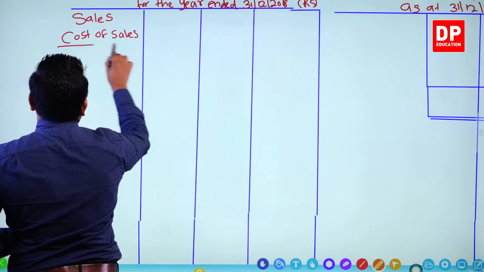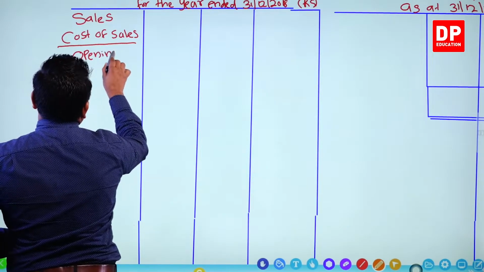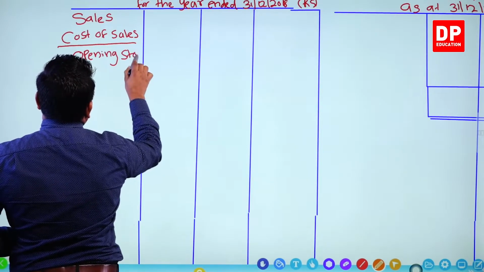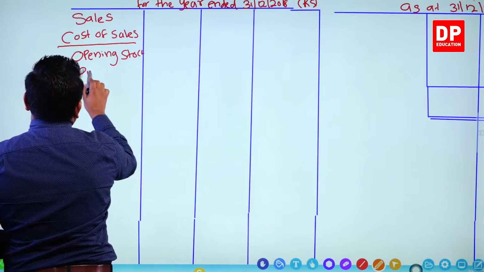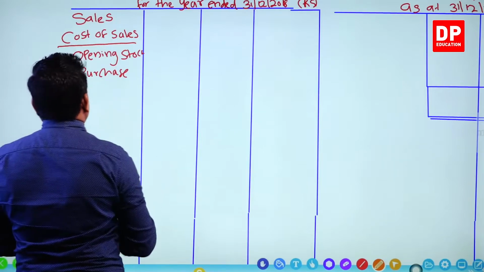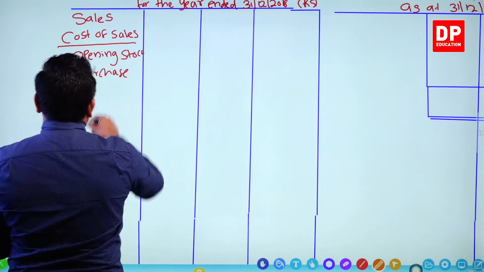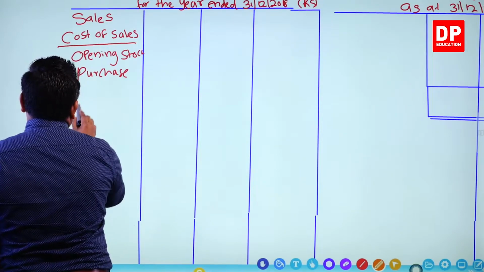You underline. Under this we write what? Opening stock. The same way, purchase. Have they given any additional information which comes under the extra expenses under the purchase? You can give space. Closing stock.